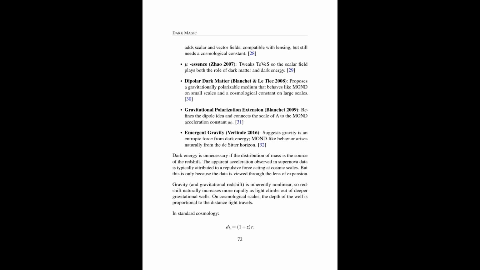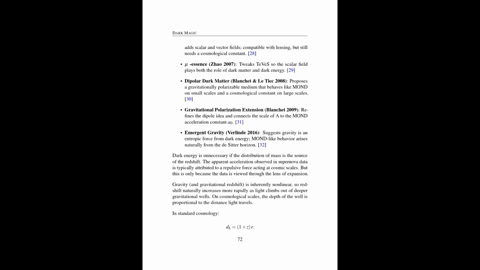Dark energy is unnecessary if the distribution of mass is the source of the redshift. The apparent acceleration observed in supernova data is typically attributed to a repulsive force acting at cosmic scales. But this is because the data is viewed through the lens of expansion. Gravity and gravitational redshift are inherently nonlinear, so redshift naturally increases more rapidly as light climbs out of deeper gravitational wells.